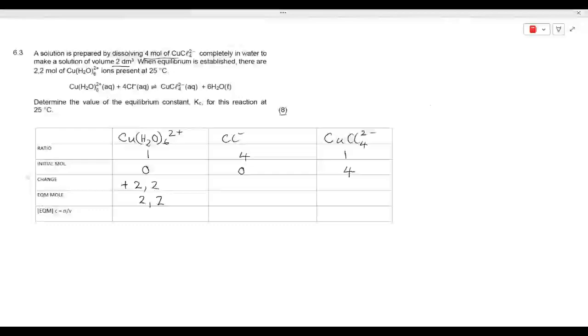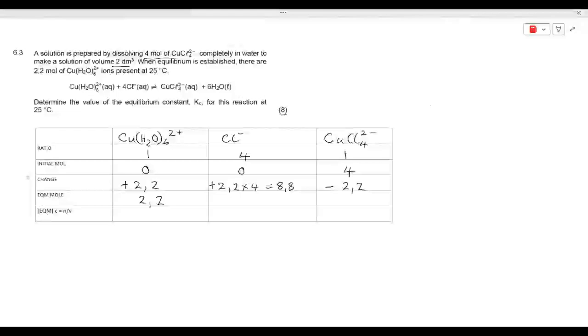So if we have got a change of 2.2, our change of the chloride is going to be 2.2 times 4, and this gives us 8.8. Right, and the change in the copper chloride here is going to be 2.2. So you notice what is happening here, because we started with copper chloride, there is a decrease, and for the chloride there is a plus.